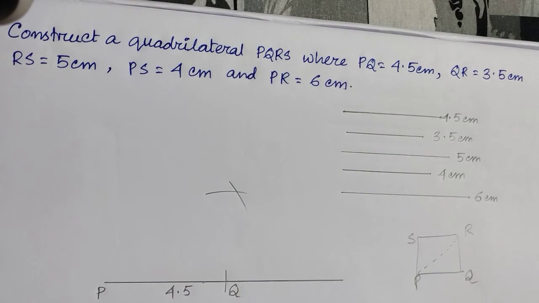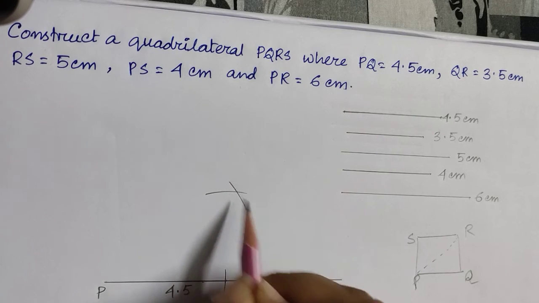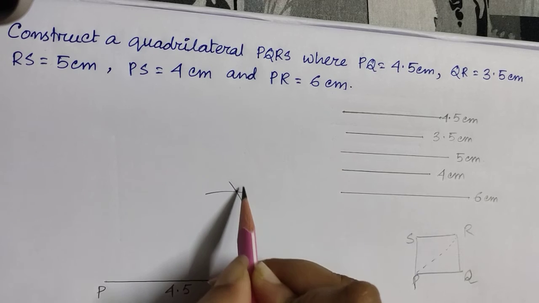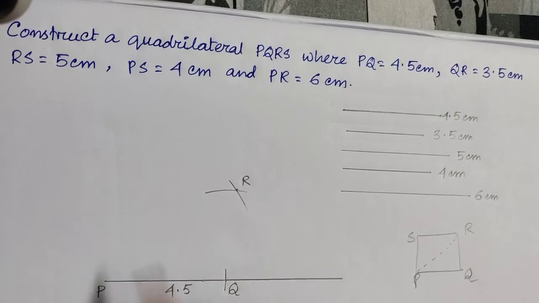At this point the two arcs intersect each other, and this is the point R. From Q, R is 3.5, and from P to R is 6 centimeter, right?